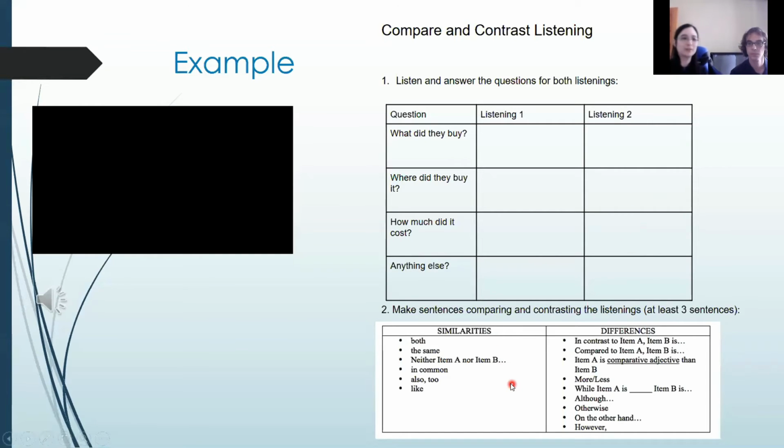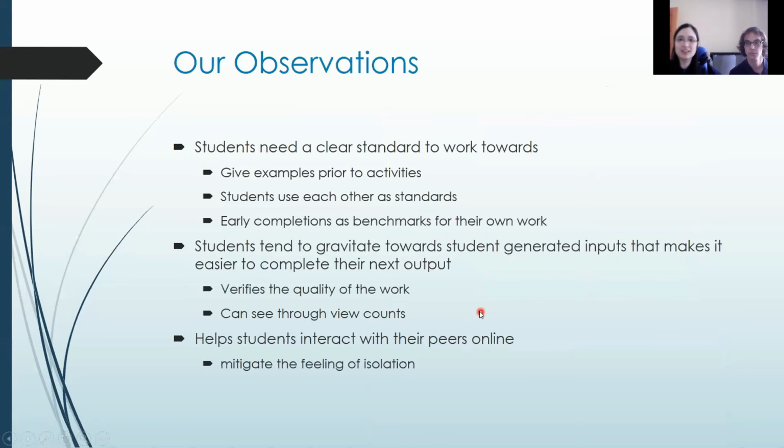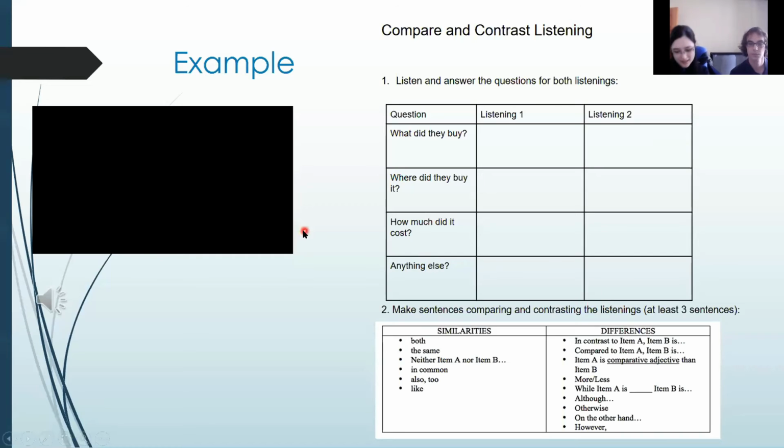And then you can give them some sample words or patterns for them to use, and they can generate their comparisons. So those were some projects we used based around combining student content, integrated skills. So they use multiple skills in one project, and the 4 skills, especially the input and output parts.